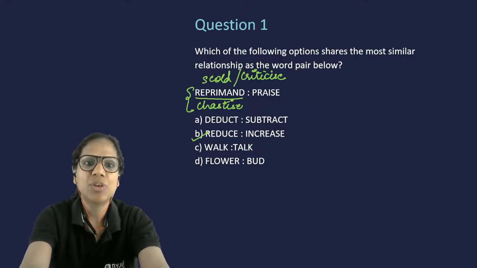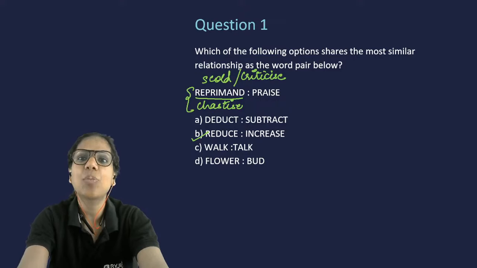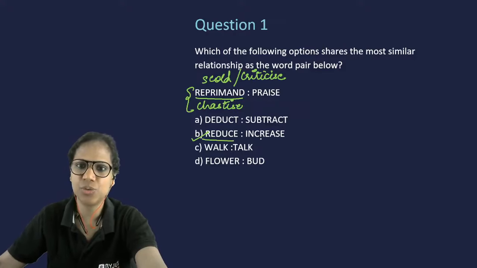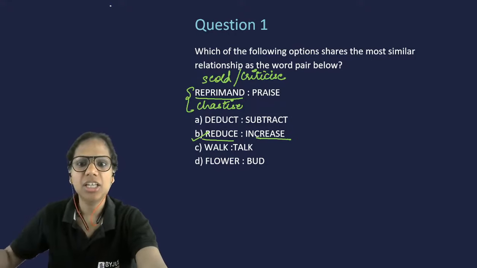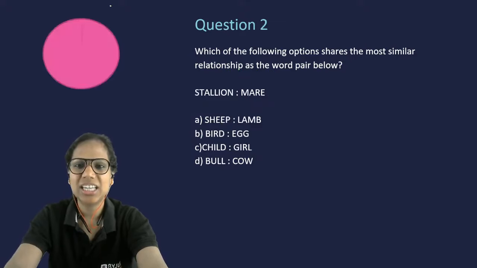Whereas when I praise someone, I say good things about that person. So they are opposites. I'm looking for an antonym pair. And which one is an antonym pair here? Reduce is to increase. So B is going to be my answer. Perfect. Other words are very simple. I don't need to explain to you the meanings of those. Second question. Analogy.